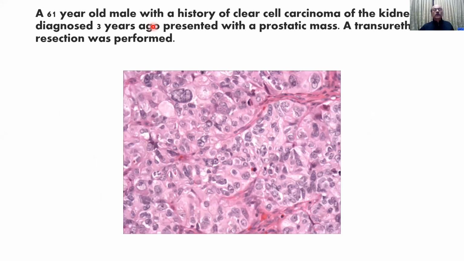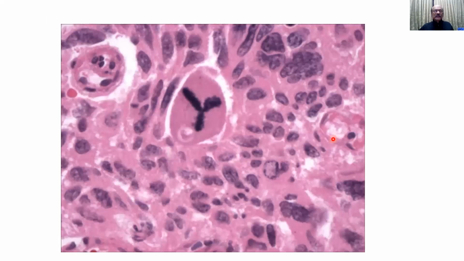A 61-year-old male with a history of clear cell carcinoma of kidney, diagnosed 3 years ago, presented with a prostatic mass, and transurethral resection was performed. So the tumor cells are large and very pleomorphic, with atypical mitosis, almost Y-shaped.